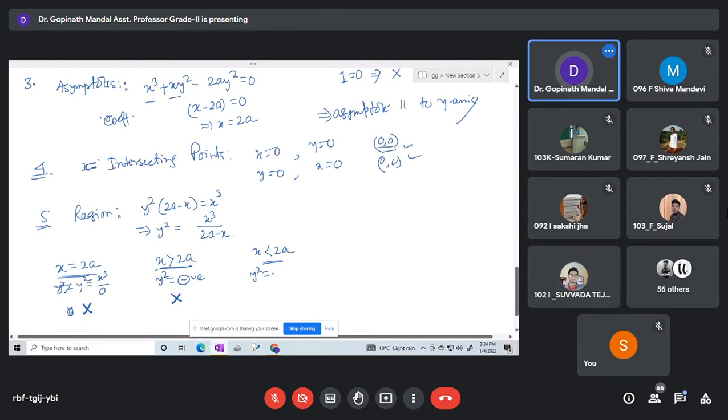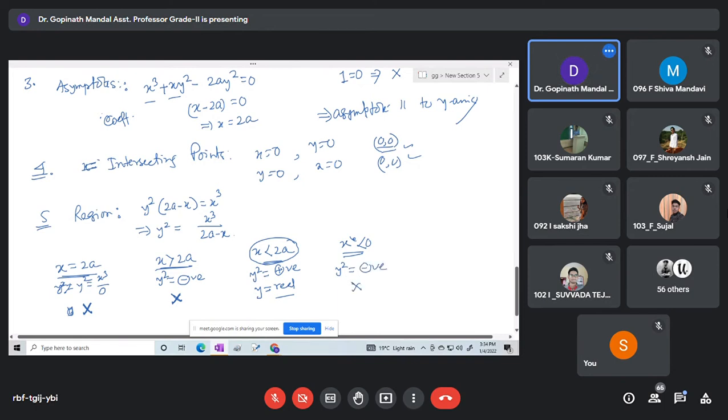And third case, if x less than 2a, then y square is positive. So in that case we can get a real value of y. So x must be less than 2a, and if we consider x less than 0, in that case y square will be negative.